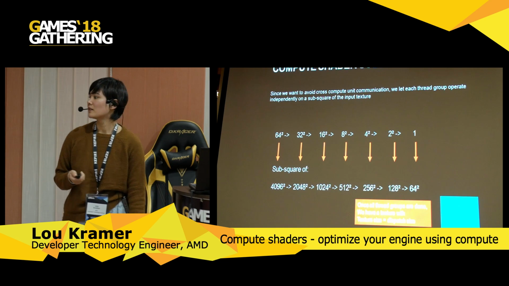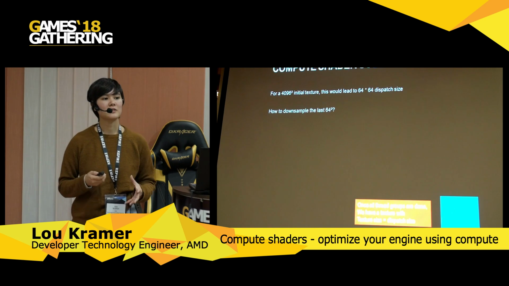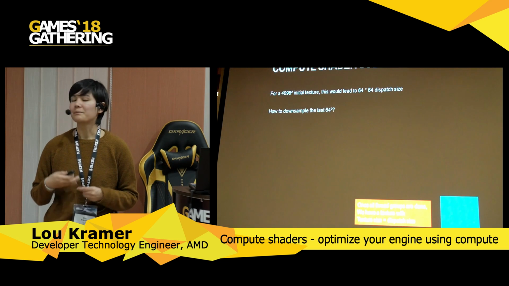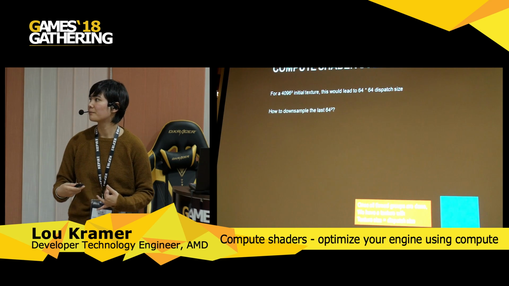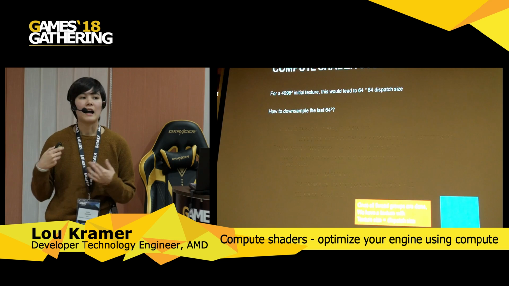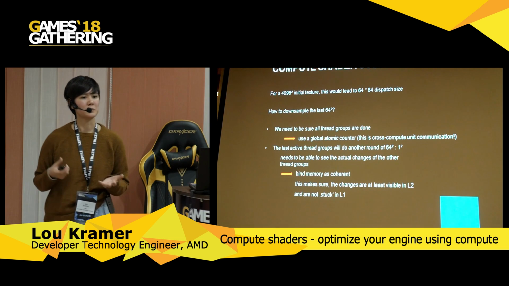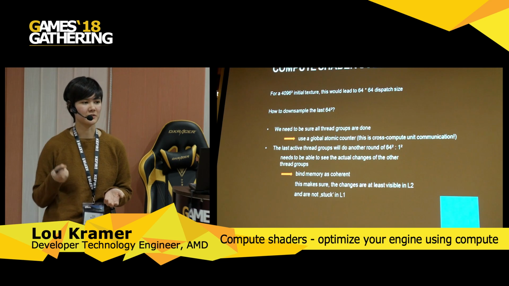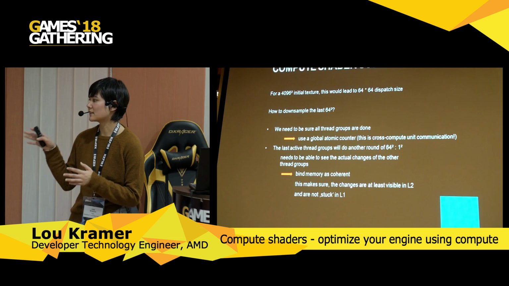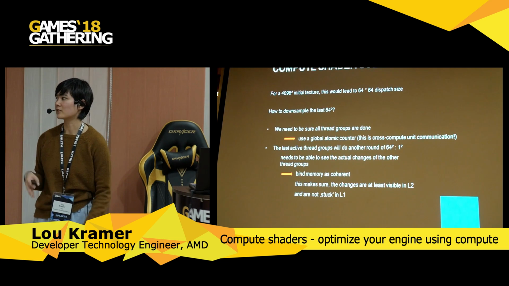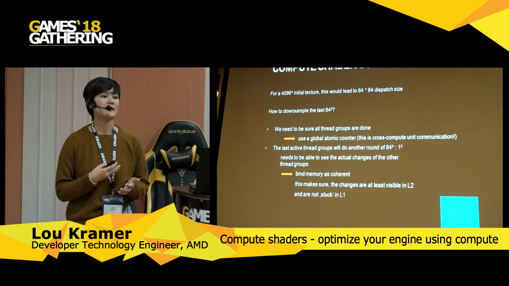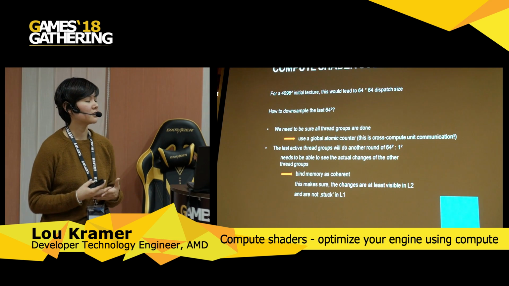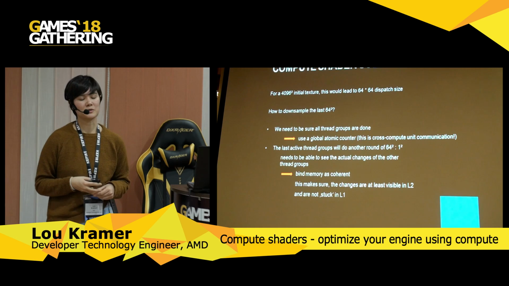How is this done? Well, the last thread group we have is doing another round. How can we determine that the thread group is the last one? It needs to be the last one because we need to be sure that all the other thread groups are finished, so this intermediate level is completely computed. For that, we need to use a global atomic counter, and this actually is thread group communication.